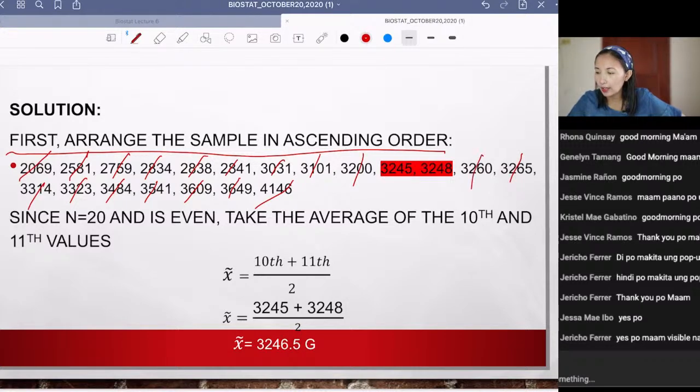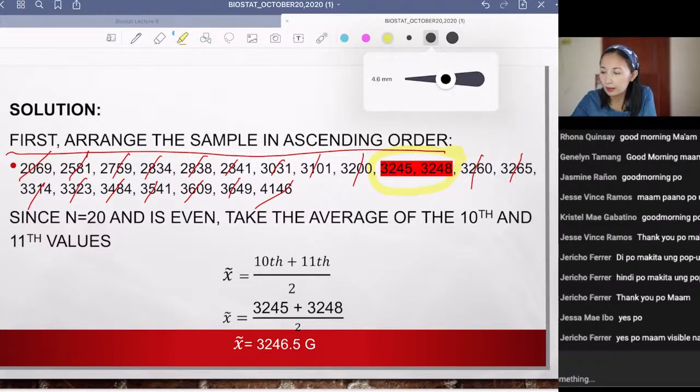Take note that there are two values remaining. Let me highlight. The two remaining values are 3,245 and 3,248. In fact, this is your 10th value, and this is your 11th value.